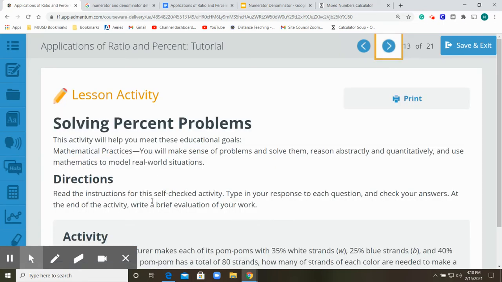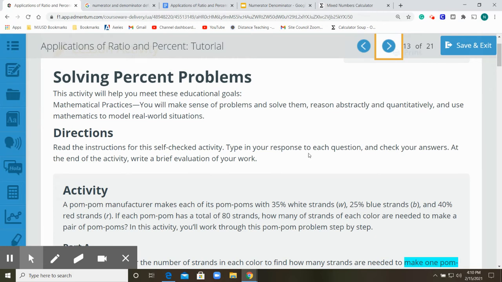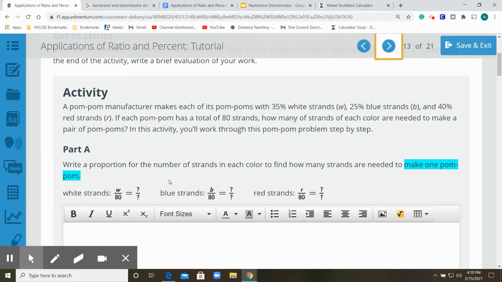Directions. Read the instructions for the self-checked activity, type in your responses to each question, check your answers at the end of the activity, and write a brief evaluation of your work. Activity.